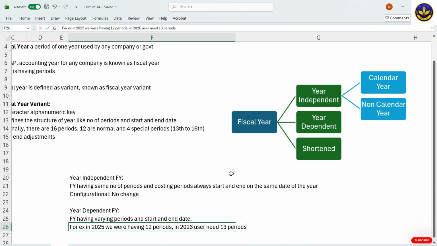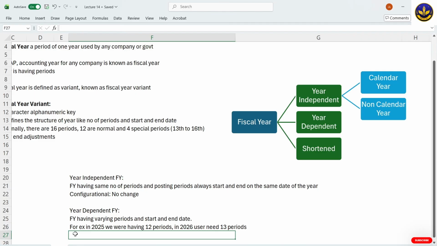We can also take another example which happens in reality. Let's suppose the user wants their financial statements closed at the end of March, and their fiscal year starts from the 1st of April. But their requirement is that they have to close their financial statement on the last Friday of March of each year.